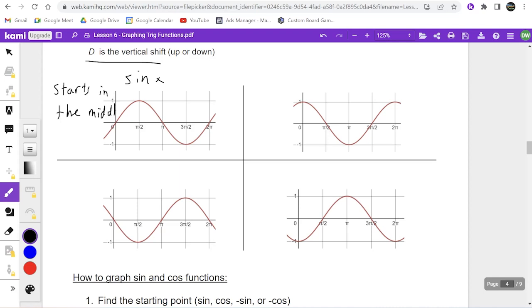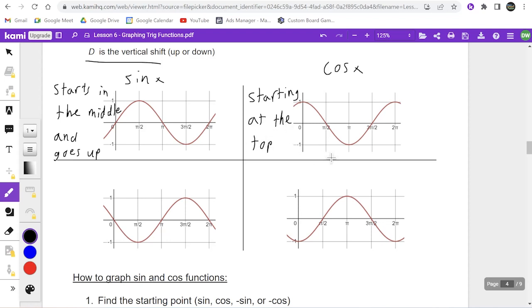It starts in the middle position and goes up. That is what sine is famous for. Cosine, on the other hand, is famous for starting at the top.